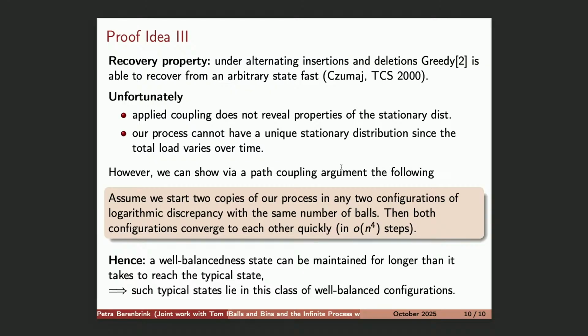So if you give me an arbitrary distribution and you look at the difference between the minimum and the maximum number of bolts, in a time which is polynomial in n, the system recovers to its steady state distribution. Unfortunately, and that's what he says in his paper, we don't know how that steady state distribution looks like. He only says the steady state distribution we reach, but doesn't tell you how it looks like.